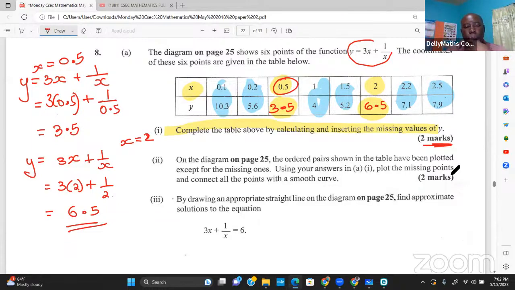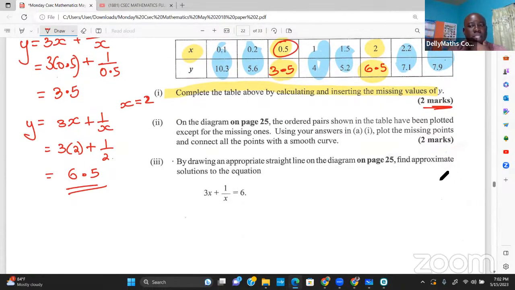So now what we want to do is to see what else they want us to do. Number 2, it says on the diagram on page 25, the ordered pairs shown in the table have been plotted except for the missing ones. Using your answer in A1, which is what we just got to complete the table, plot the missing points and connect all points with a smooth curve.